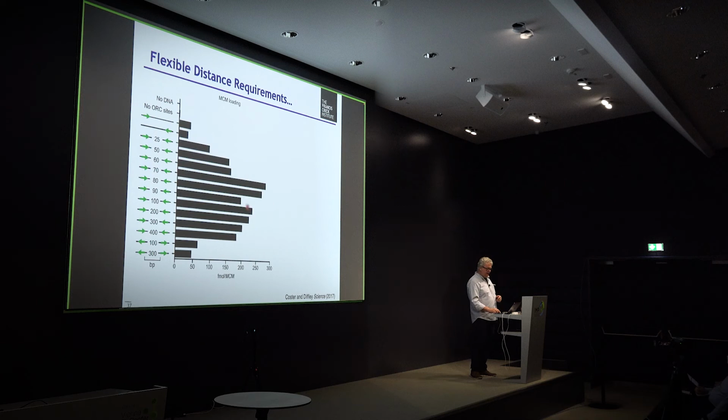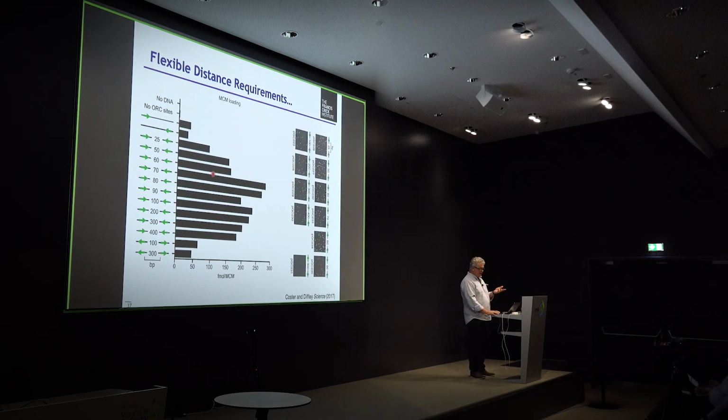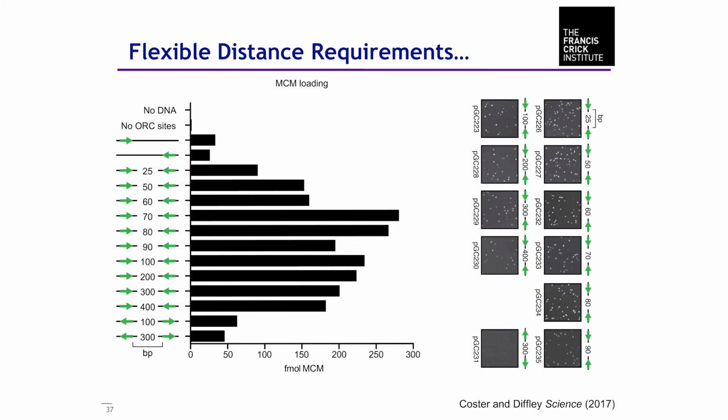There's clearly a peak at around 70 or 80 base pairs, which I'll come back to. That is more or less the sweet spot, where the size of a double hexamer is about 70 base pairs. And I should say that all of these synthetic sequences are functional replication origins in vivo, efficient functional replication origins. So it's not an artifact.